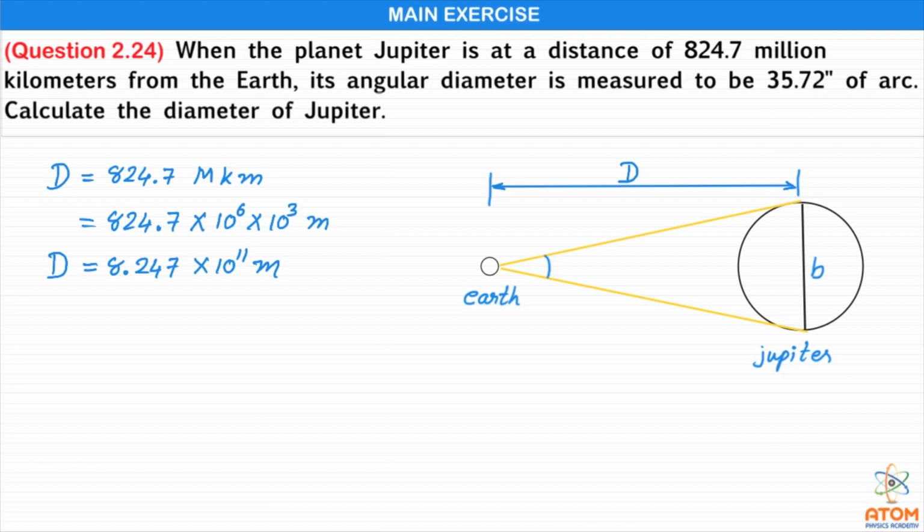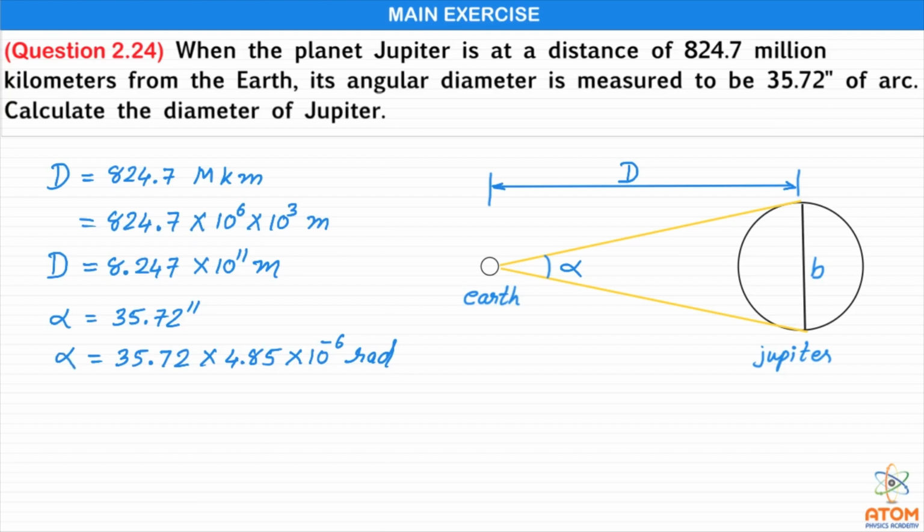And here this is the angle alpha, which is basically the angular diameter of Jupiter, and the value of alpha is also given, that is 35.72 second. You know that we have to convert this into radians, so I should write 35.72 into 4.85 into 10 raised to minus 6 radian. So this is alpha.